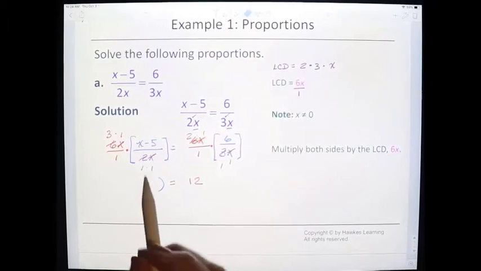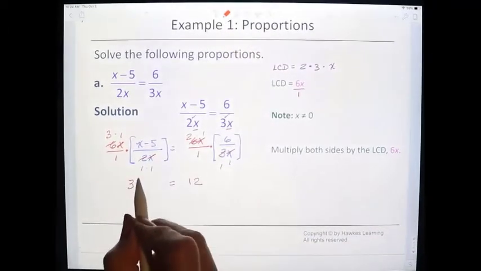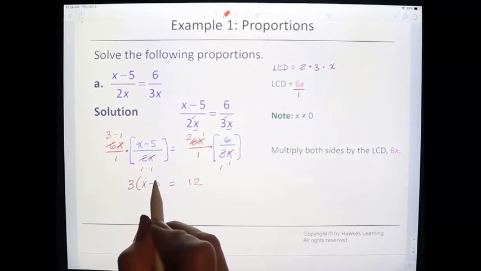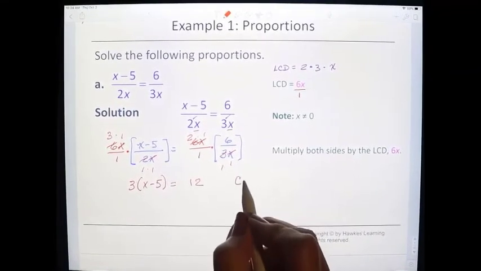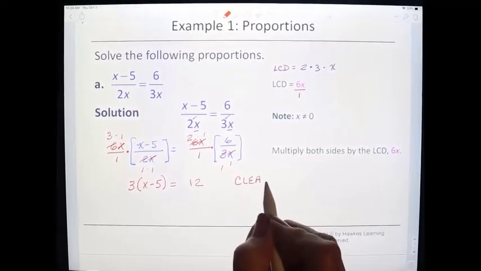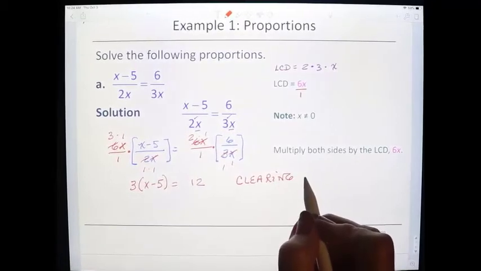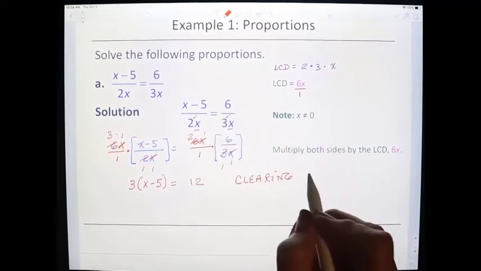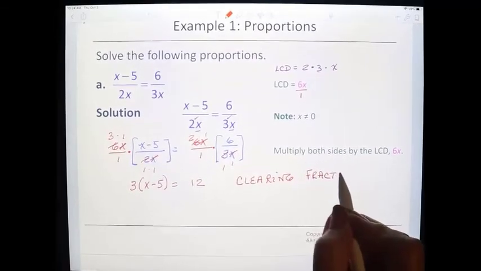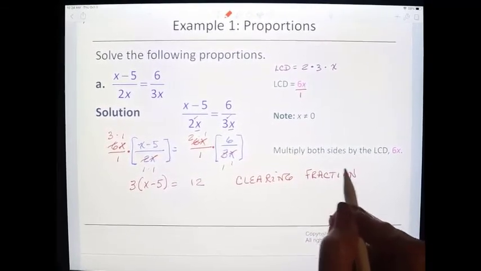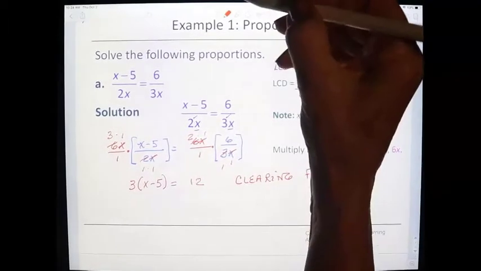Let me go back. This doesn't look very good here. Let's fix that. There, that looks better. So what we just did there is a process that's called clearing fractions. So you notice that I started out with an equation up here at the top that had fractions in it, and now by multiplying through by the LCD, I have eliminated the fractions, which makes this much easier for me to work with.